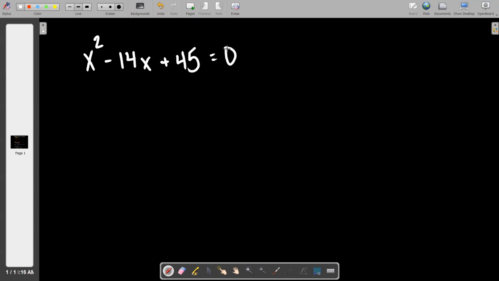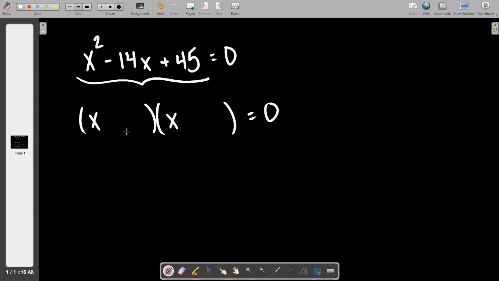So I need to take the left side of the equal sign. That's this quadratic trinomial over here, and I need to factor it. Get used to factoring, dudes. What am I going to put in the starts of my shells? What are my signs going to be? Both negatives. Very good. I can tell you guys have been practicing.